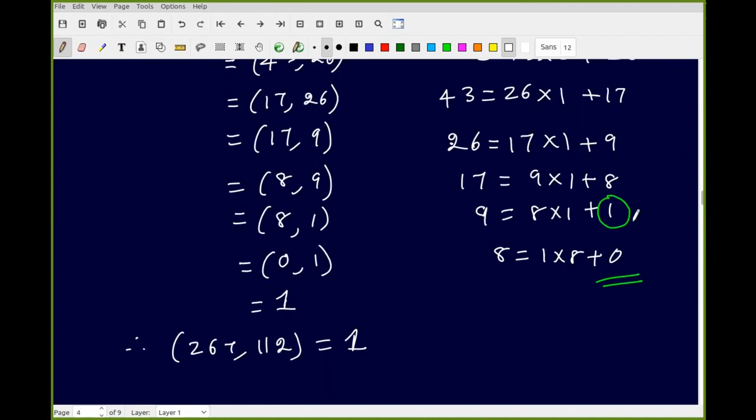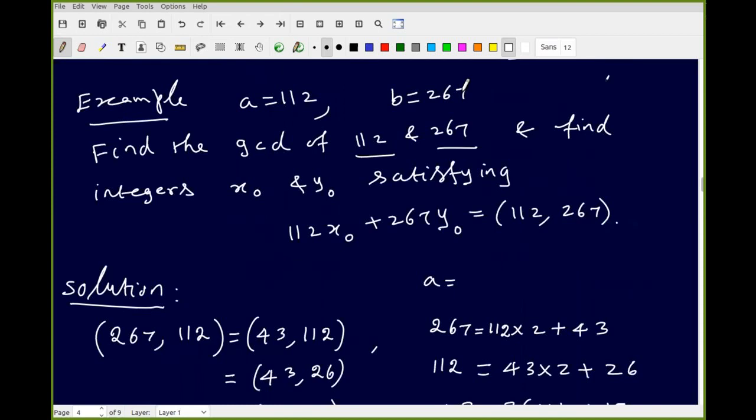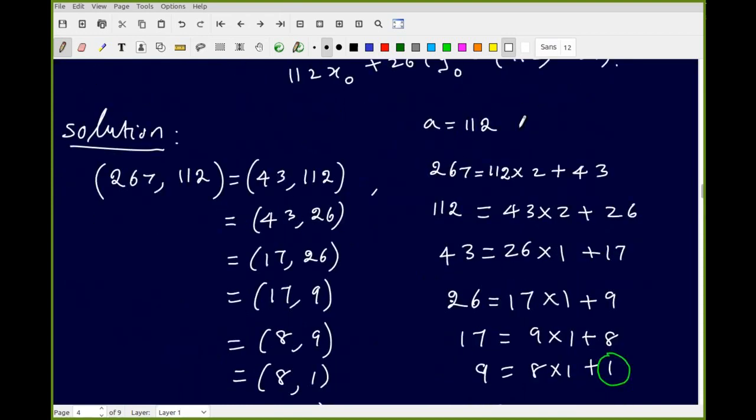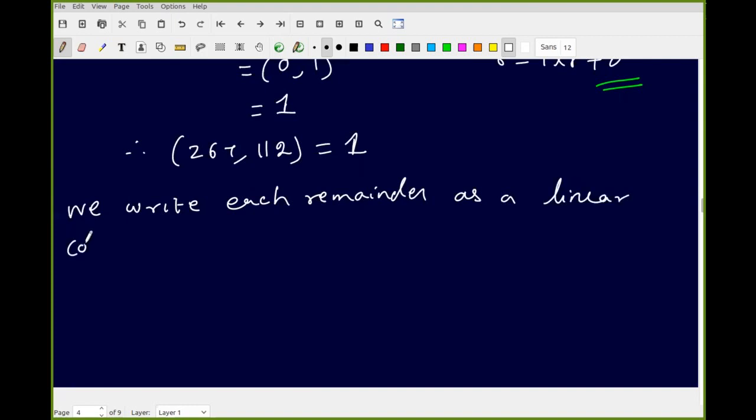So next we are going to write each remainder as a linear combination of the numbers A equal to 112 and B equal to 267.